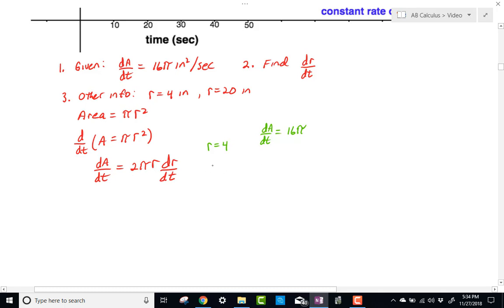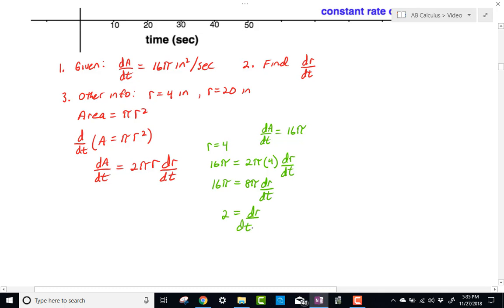So dA dt is 16 pi equals 2 pi times the radius, which is 4, times dr dt, which is exactly what we're trying to find here. So 2 pi times 4 is 8 pi, so we've got 16 pi equals 8 pi times dr dt. If you divide both sides by 8 pi, you get 2 equals dr dt.